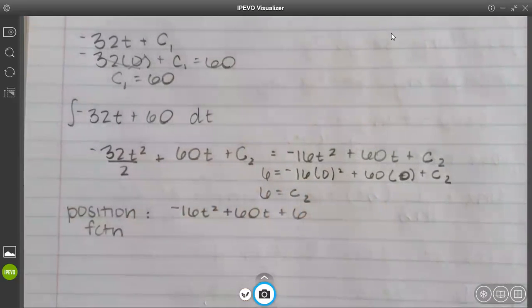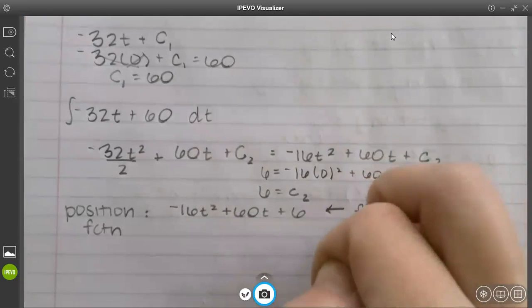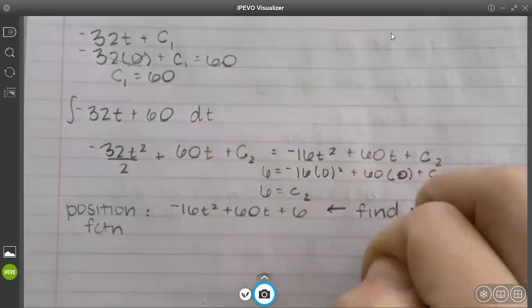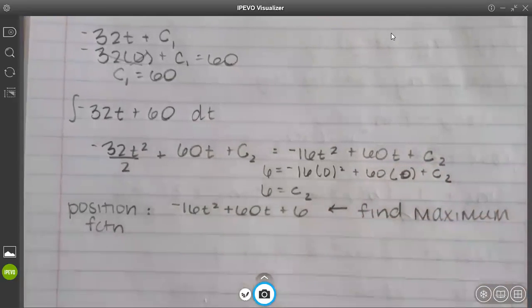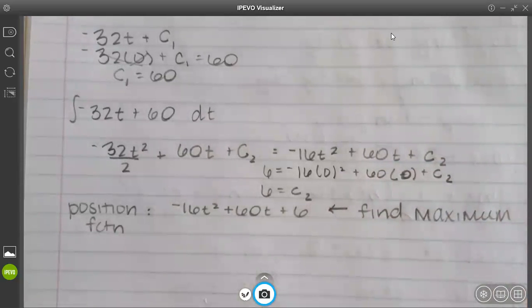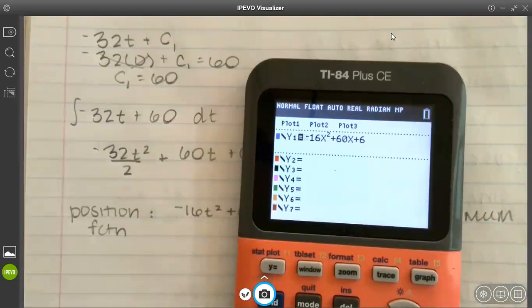What does it ask you to find, Bryant? Your turn. For the max height, right? So now we use this to find the maximum. How do we find the maximum? Yeah, I would put it in your calculator. Here's your function in the calculator.